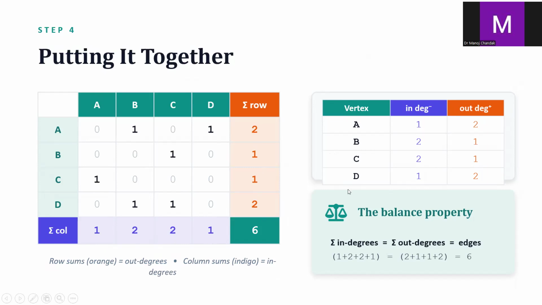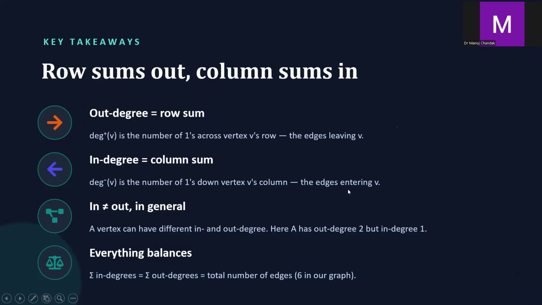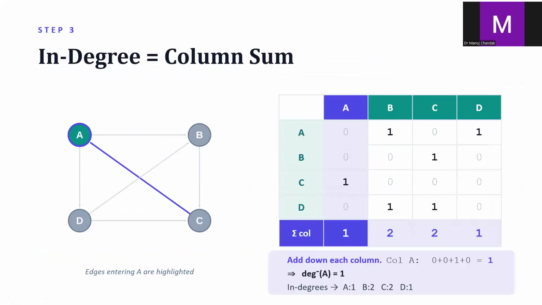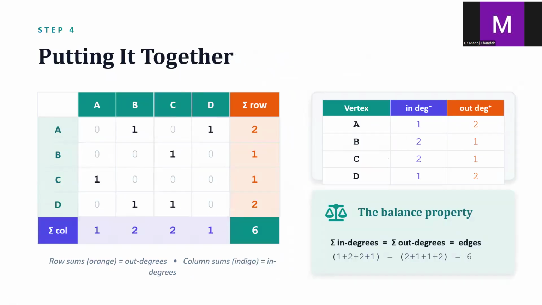This is a balance property of the graph, where the summation of in degree is equal to the summation of out degree. If the graph is balanced, then the in degree sum is equal to the out degree sum. If the graph is not balanced, with some particular vertex dense for outgoing traffic and some particular vertex dense for incoming traffic, then sometimes the in degree is not equal to the out degree.